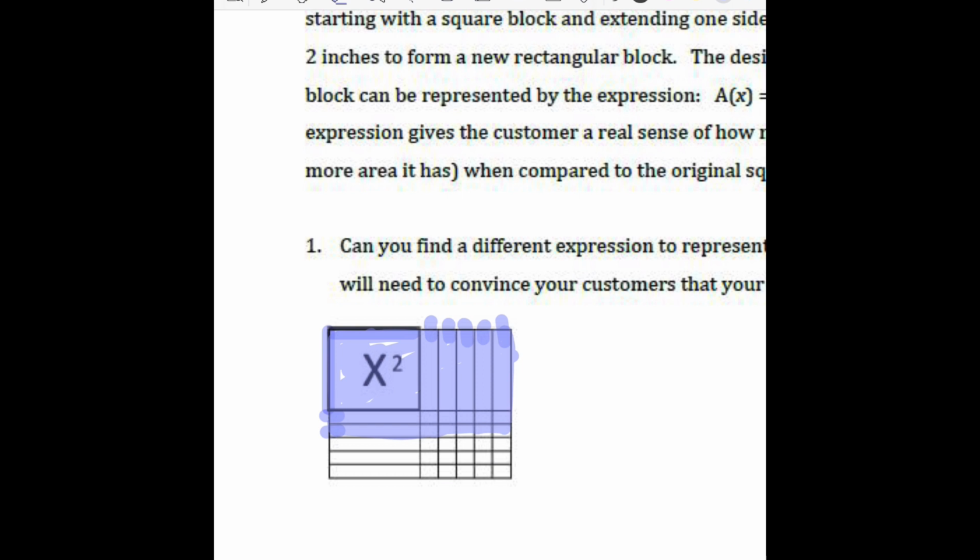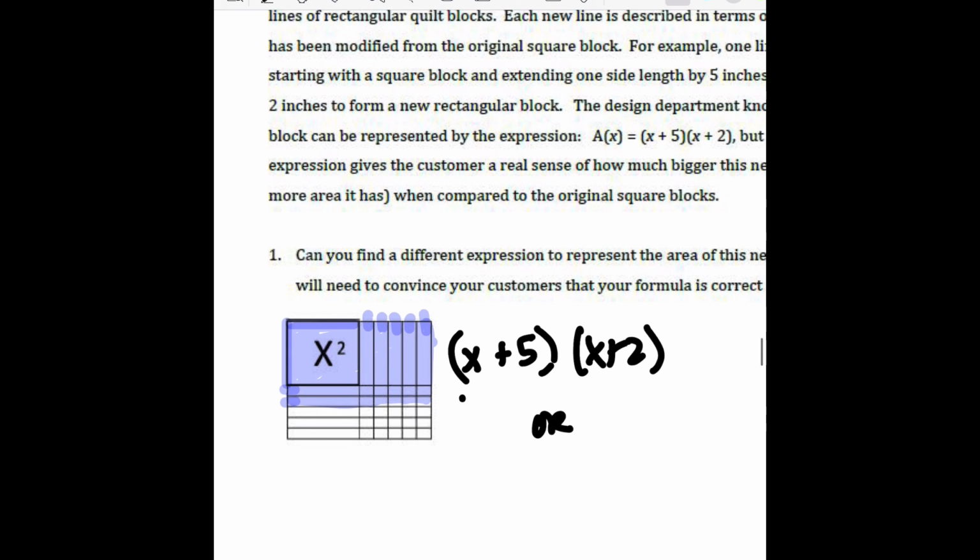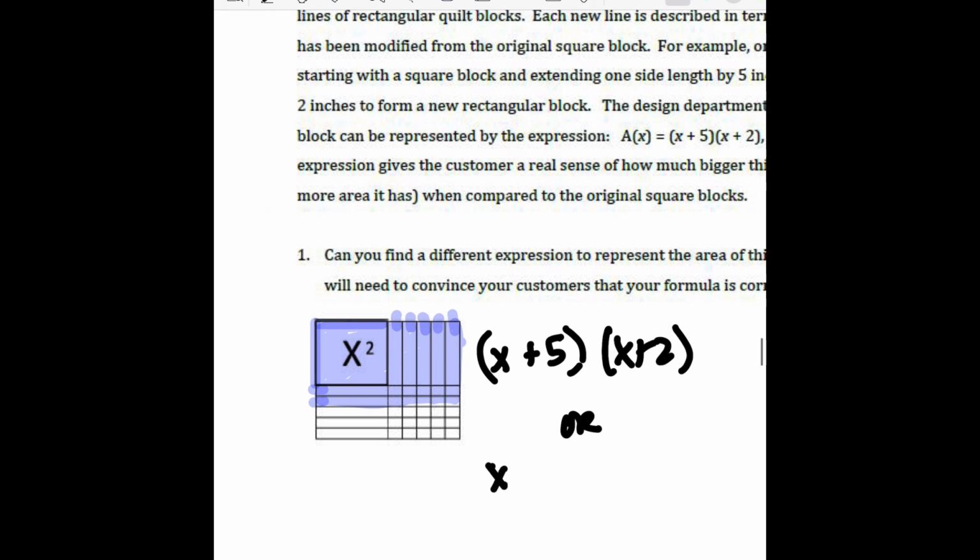So remember that turns into x plus 5 times x plus 2, or it would then be x squared plus 1, 2, 3, 4, 5, 6, 7 x's plus 1, 2, 3, 4, 5, 6, 7, 8, 9, 10.